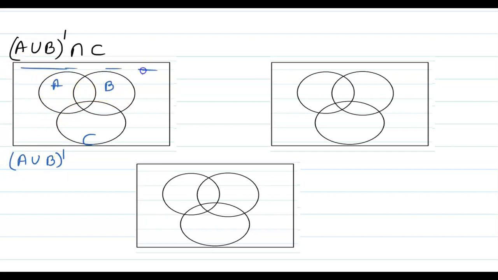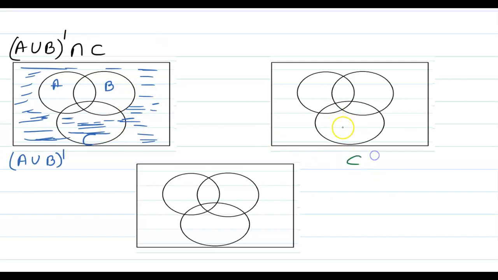So I can shade everything except A and B. I'm not touching A and B, I'm just going in this area. So I have shaded everything. Next one is the C part. Shade only the C part. It is just the C part, all these things.